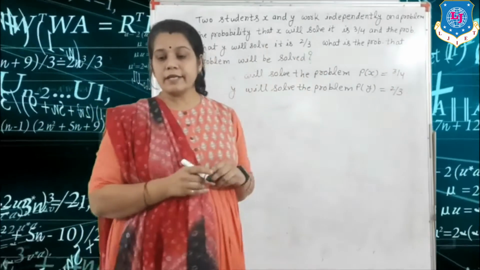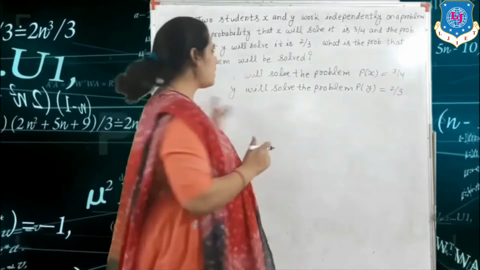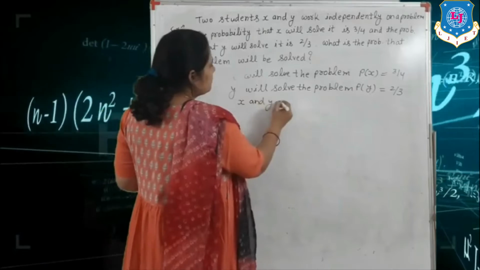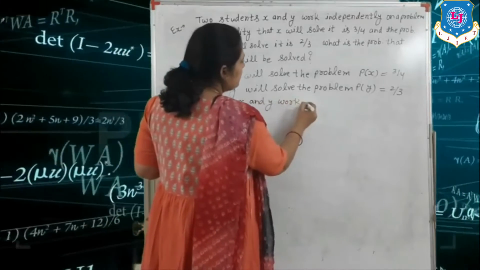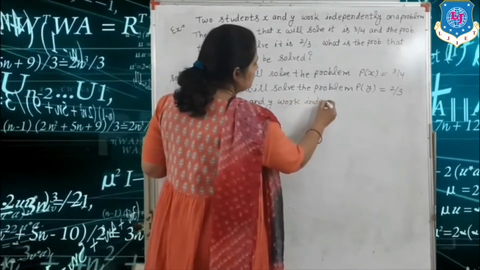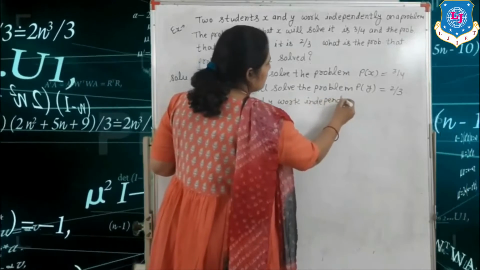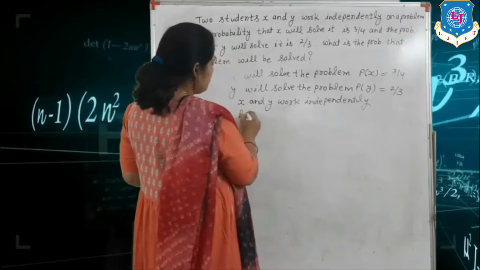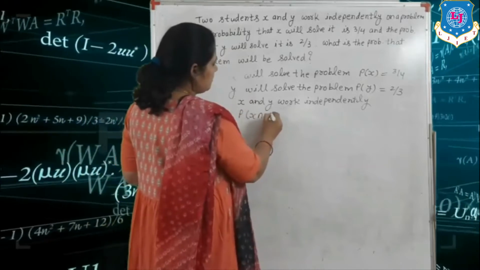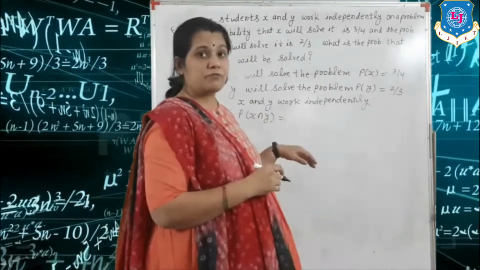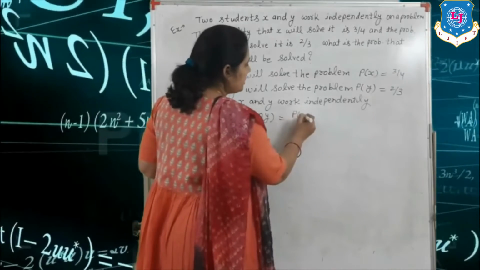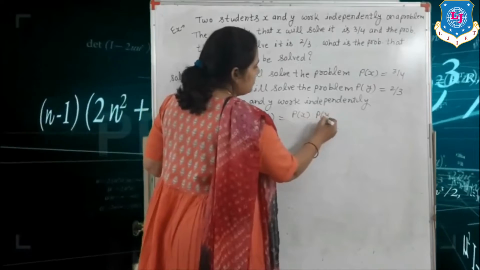So here X and Y work independently. We are given that X and Y work independently. So P(X intersection Y) is equal to what? The formula of P(X intersection Y) is equal to P(X) into P(Y).